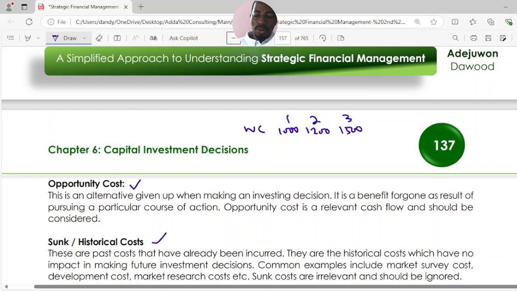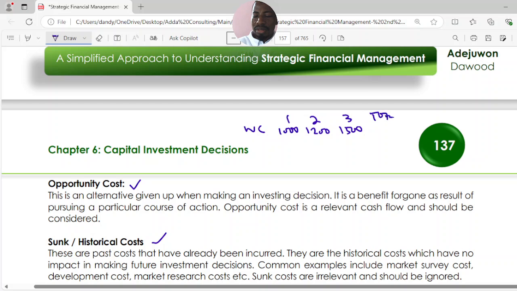You will notice that the working capital has increased from 1,000 naira in year 1 to 1,500 in year 3. So as a result, I cannot use 1,000, 1,200, and 1,500 to determine the financial viability, because the total working capital that I have is 1,500. Therefore, what I need to do is to find the incremental working capital.